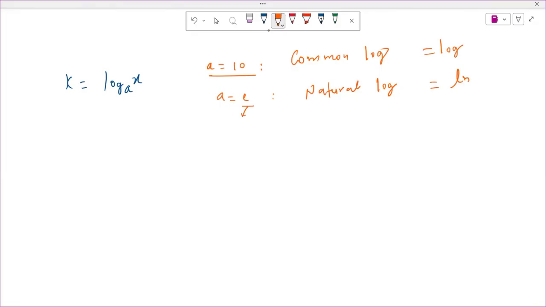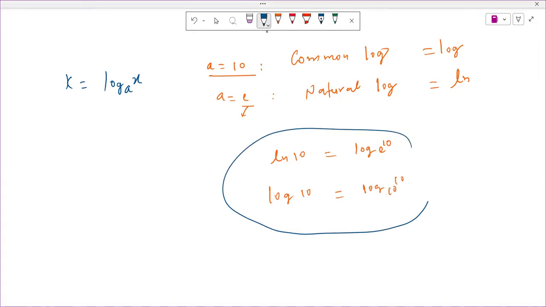If someone is writing ln 10, what is the base here? It's log base e of 10. If someone is writing log 10, it means log base 10 of 10. So you have to be very clear about this.